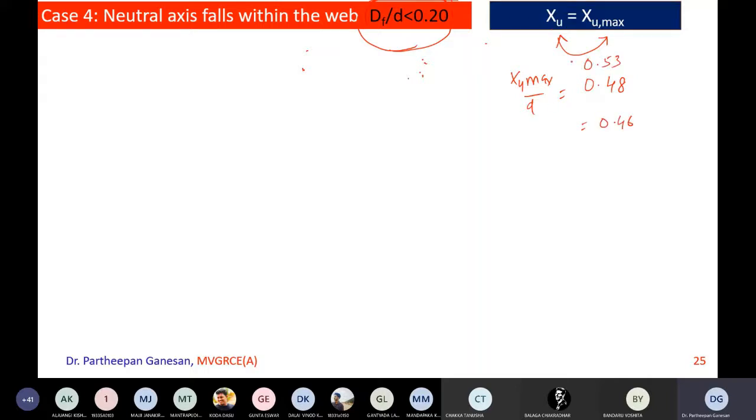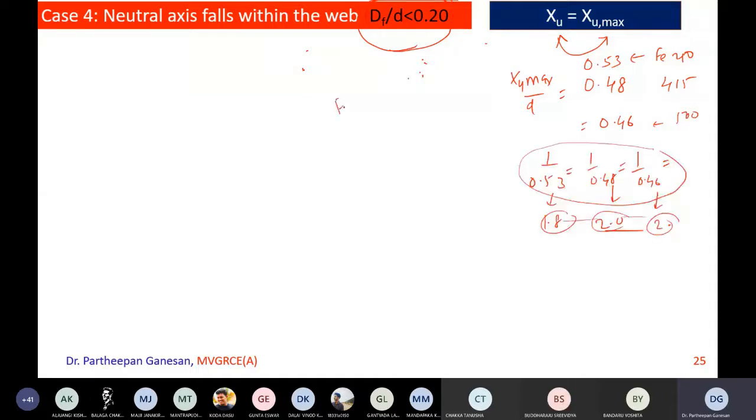XU max by D. This is for Fe250 steel, this is for Fe415 steel, this is Fe500 steel, right? For Fe415, I know XU max is equal to 0.48 D, right? Is it not? XU max for Fe415, 0.48 D. Is it correct or not?